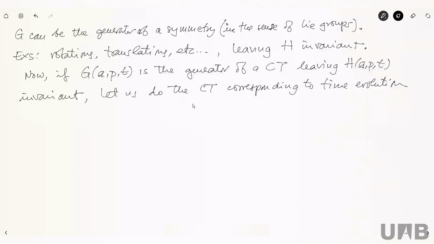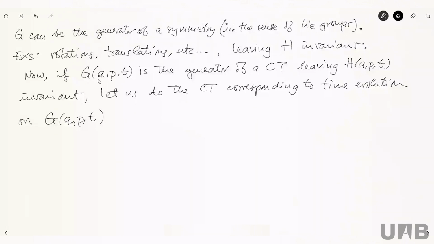So let us do the canonical transformation corresponding to time evolution on precisely this generator G. This generator, which is a generator of a symmetry, is a generator of a certain canonical transformation which leaves the Hamiltonian invariant.